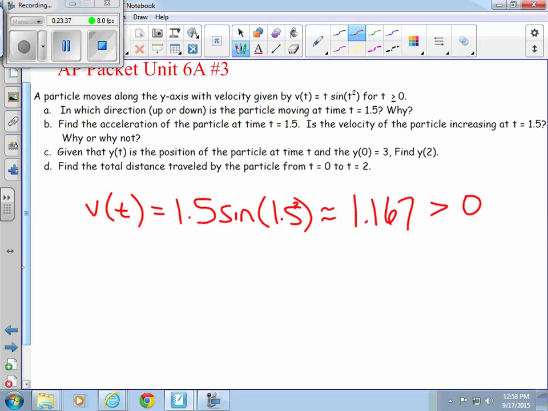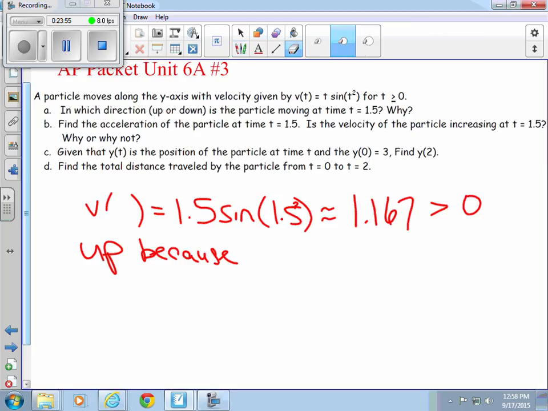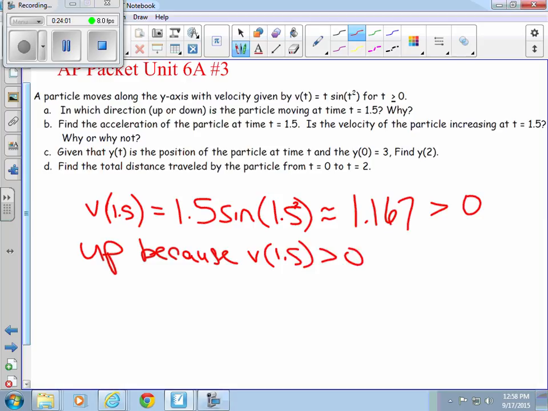Okay, so that's greater than 0. Is the particle moving up or down? Up. Why? And I really labeled this incorrectly. Be careful about that. V of 1.5 is greater than 0. Don't call it V of t and put 1.5. Sorry about that. Part B.